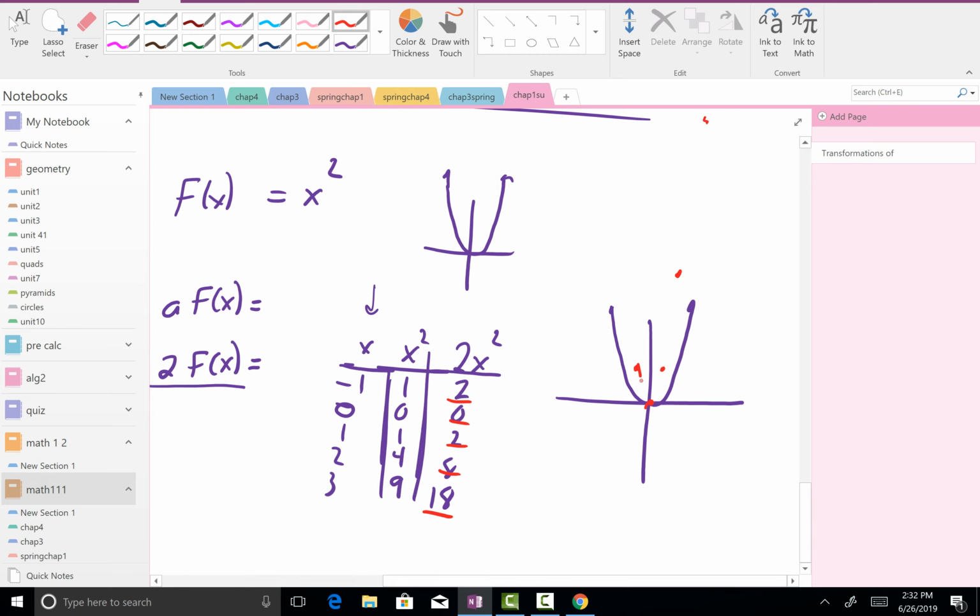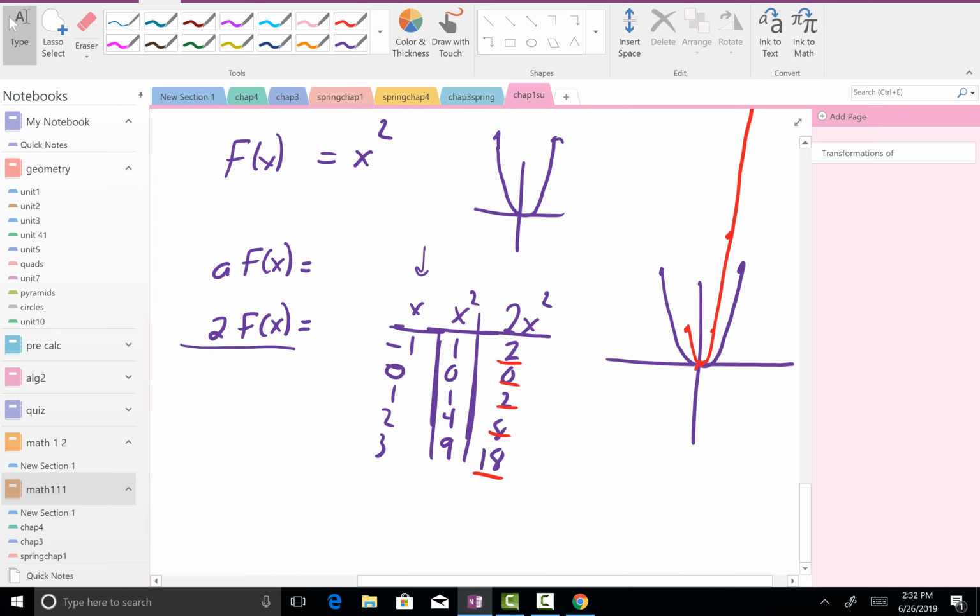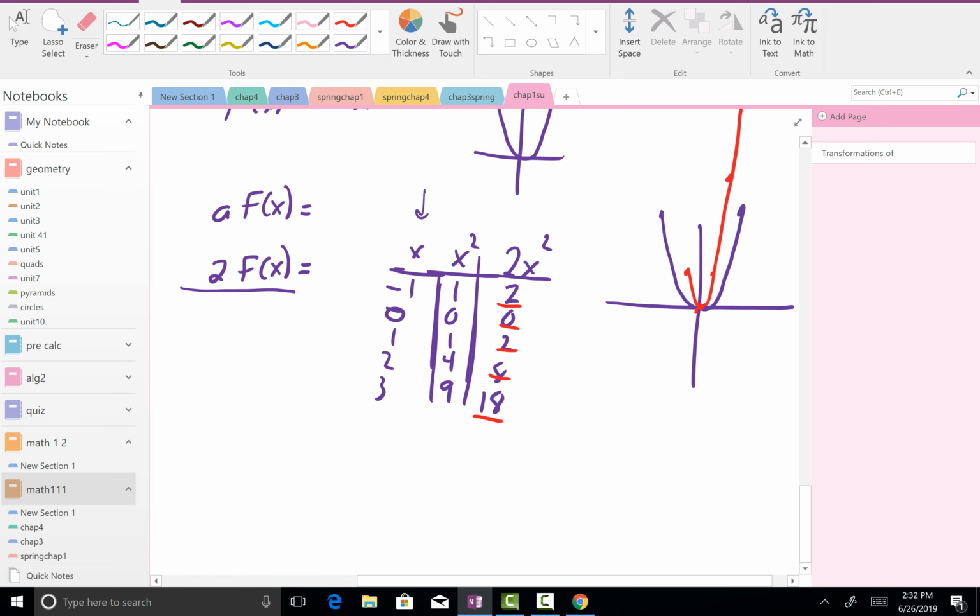So you can see how you're getting that stretching action when you multiply it by the number. It's just stretching it out. So that's a numeric or table way of looking at it.